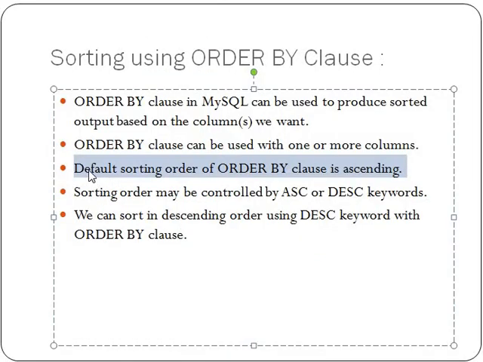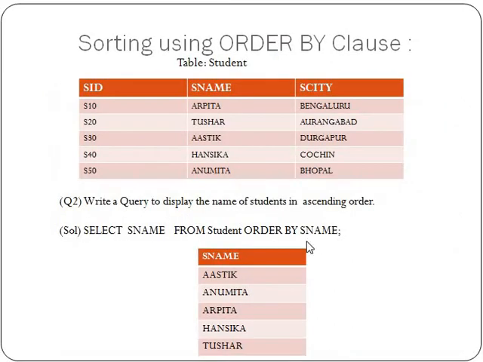Now if you look at this third point, it says default sorting order of order by clause is ascending. That means the use of ASC keyword is optional if you are going to sort in ascending order. That's why in this query I haven't put the ASC keyword at the end.